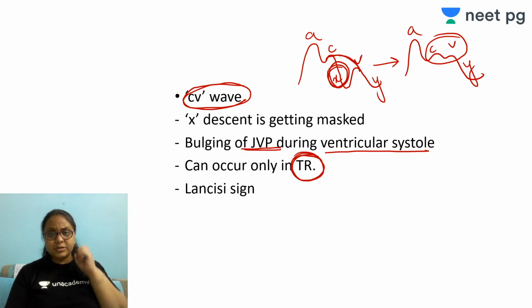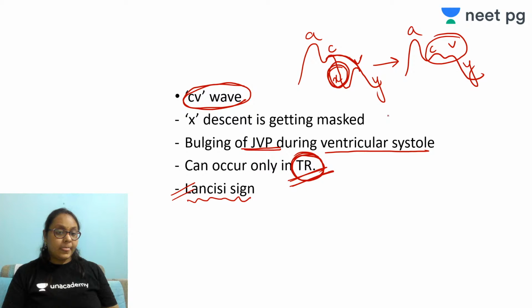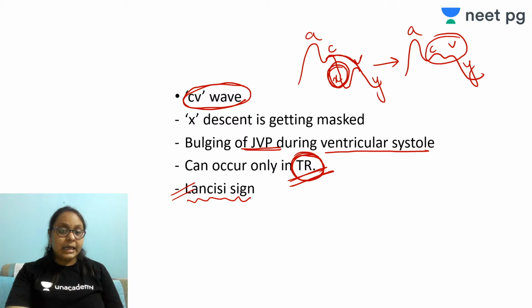So the atria is not able to get relaxed, and that occurs only in tricuspid regurgitation, and it is also known as Lancisi sign. Is it clear? The atria is not able to get relaxed, and that is causing CV wave, that is, X descent is getting masked. It is seen only in TR, that is tricuspid regurgitation.